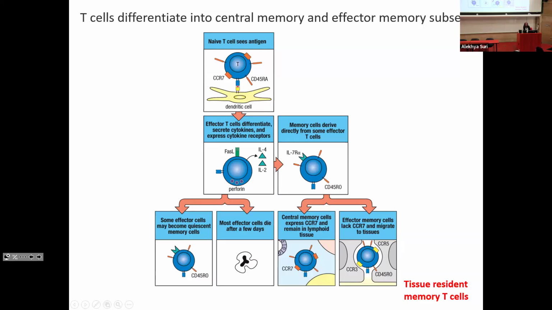And there are central memory cells, effector memory cells, and these tissue-resident memory T cells, all again recognizing the same antigen, but their effector functions are slightly different. There's also, recently, a memory subset called the stem cell-like memory subset, which has more of a proliferative nature.